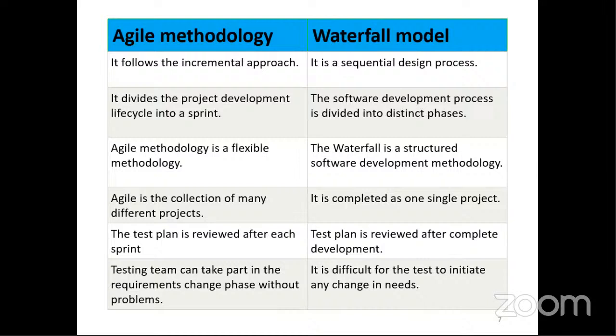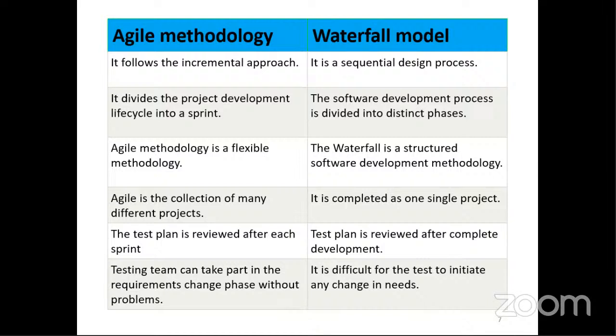In waterfall, the project development process is divided into distinct phases. Agile methodology is flexible, whereas waterfall is a structured software development methodology. Agile is a collection of many different projects, while in waterfall it is completed as one single project. The test plan is reviewed after each and every sprint, but in the waterfall model the test plan is reviewed after complete development.